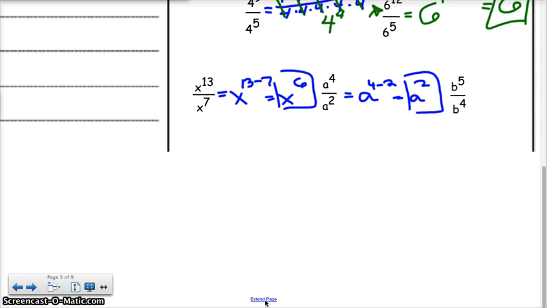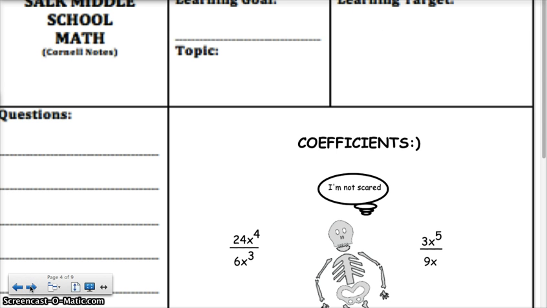B to the 5th over b to the 4th is b to the 5 minus 4, which is just b. B to the 1st would just be b. All right, division property. We did it. We simplified division expressions.